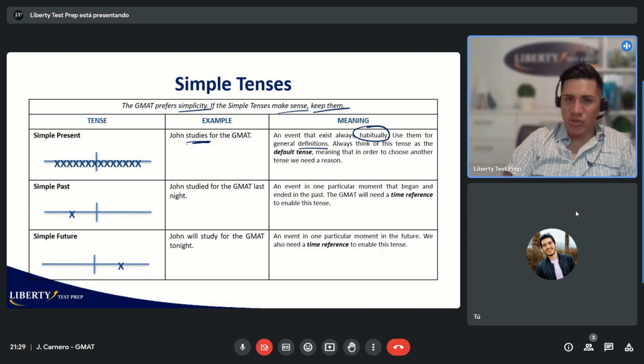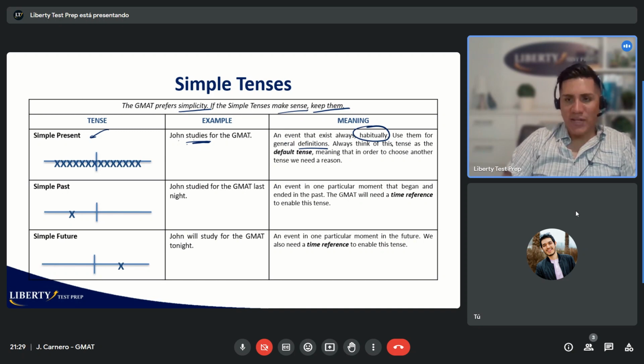Whatever is a general definition, like a dictionary definition of a thing, is going to have this simple present tense. I'm not going to say the computer is being a nice tool that helps creators. No, the computer is a blah blah blah. I'm defining the computer. So when I give a definition, that's in the simple present.